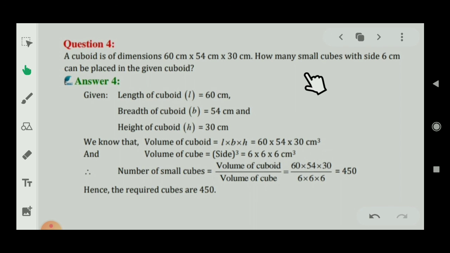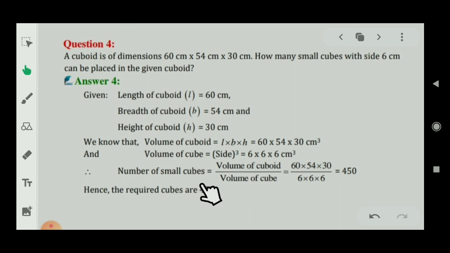And then the question asks how many small cubes with side 6 centimeter. Then we have to find out the volume of the cube. The volume of a cube's formula is side cube, because side is given 6 centimeter. So we have to put the value of side here, that means 6 into 6 into 6.